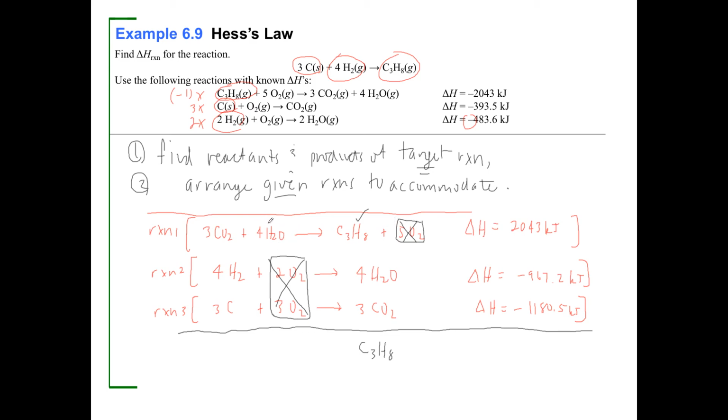Okay, what about my waters? I got a problem here. Oh, there's 4 waters here. Yeah, look at that. 4 waters here and 4 waters here. Those cross off. And what about this carbon dioxide? Wow, 3 carbon dioxides here and 3 carbon dioxides here. They cross off.